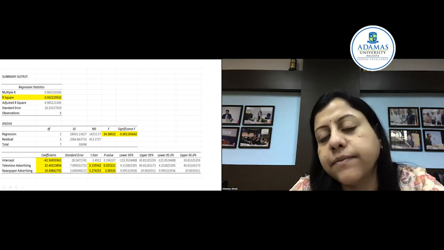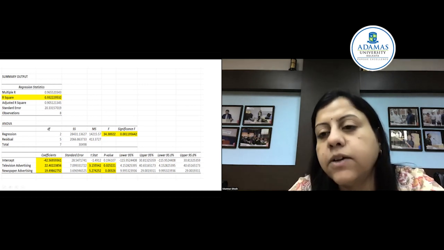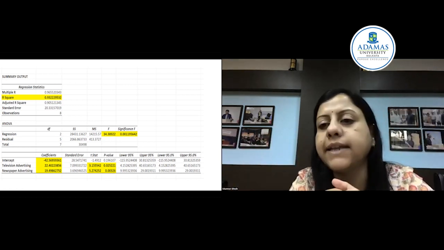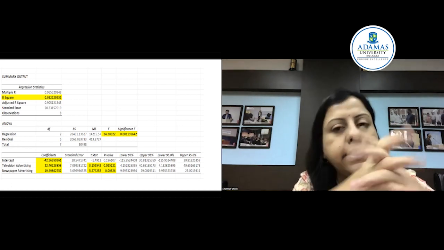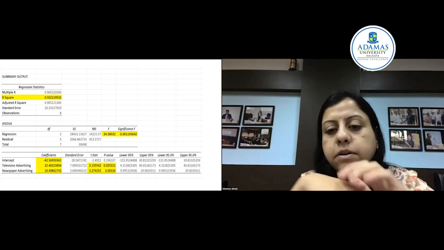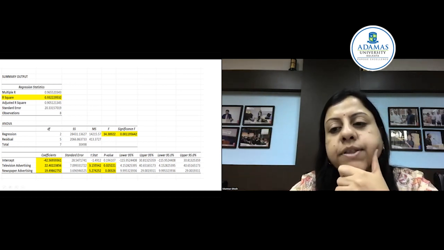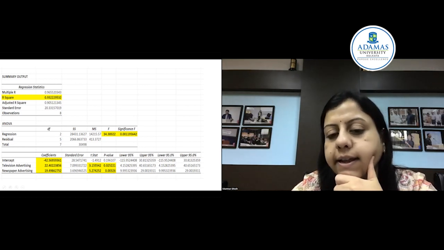If the significance value is more than 0.05, then we say that the overall regression relationship does not exist and there is no point in conducting regression with this data set. It will never be able to give you a right estimation. So the significance value being less than 0.05 is very, very important to understand.